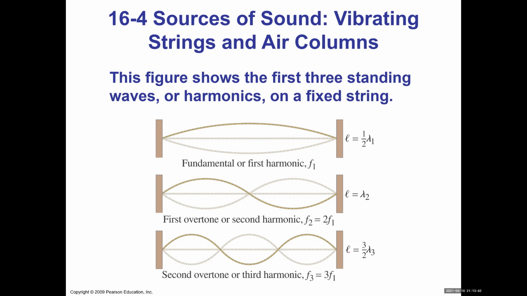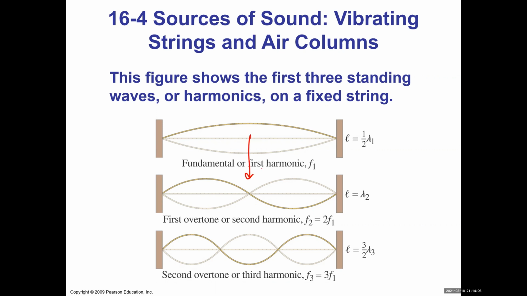Whenever the string is vibrating, you can have different harmonics. You can have the first harmonic or the fundamental, then the second harmonic, third harmonic, and each time we go from one harmonic to another, we have a very specific frequency. You can't just have some random frequency to go from the first harmonic to the second harmonic.